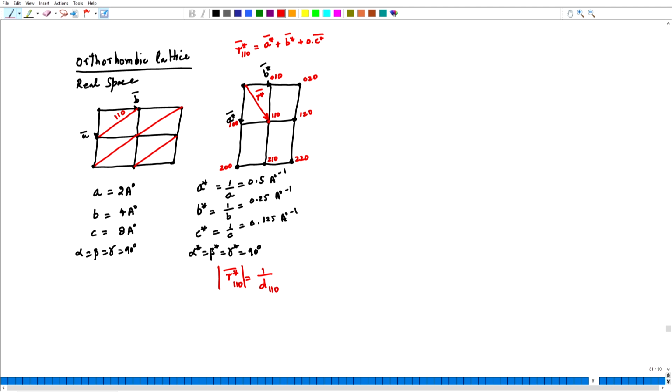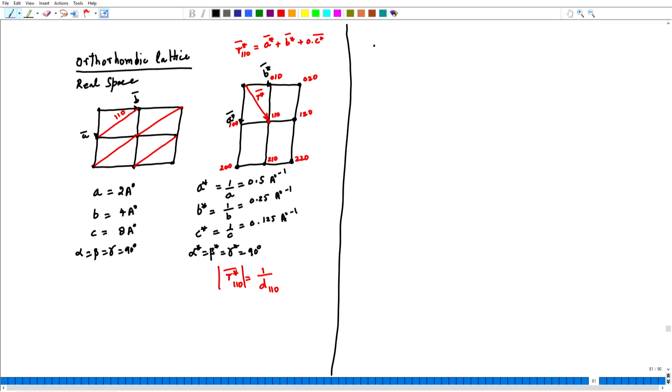In a way, we have represented a set of HKL planes as a point in the reciprocal lattice, and every point in the reciprocal lattice represents a set of HKL planes.